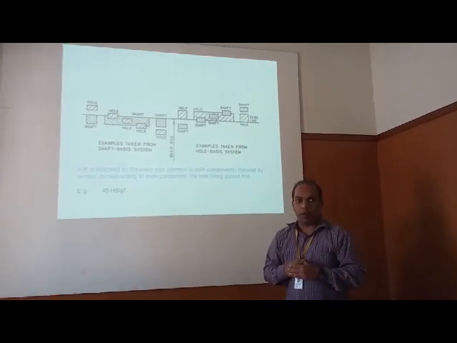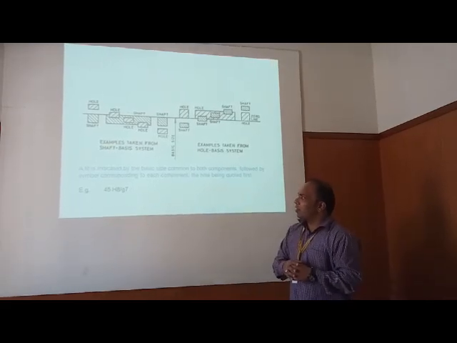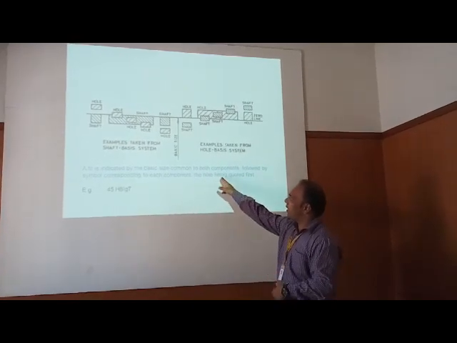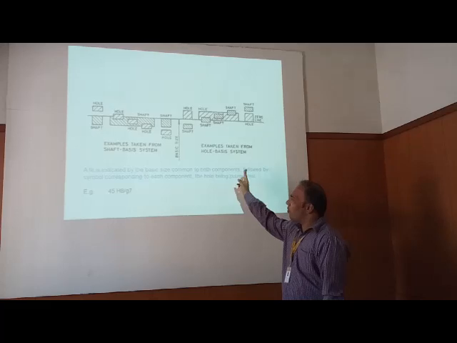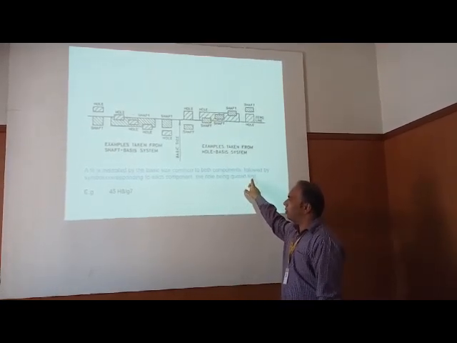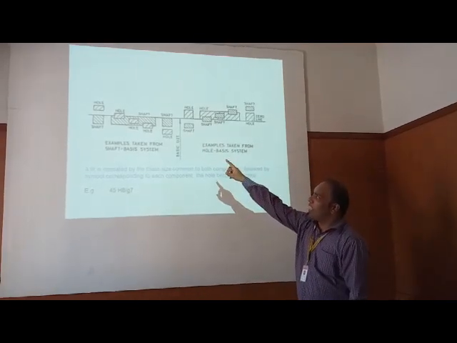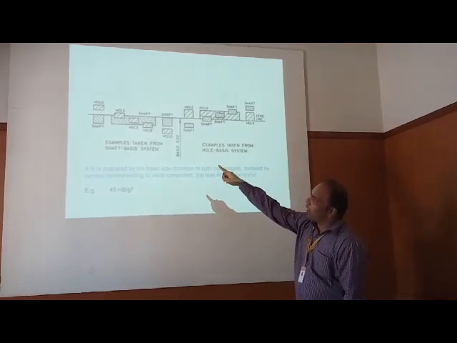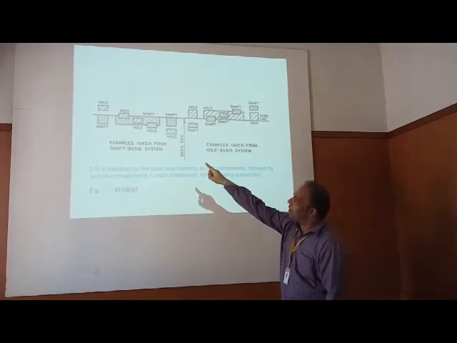Moving to the next point, in the diagram, a fit is indicated by the basic size common to both components, followed by the symbol corresponding to each component, the hole being quoted first. Now, as you can see in the diagram, the hole and shaft basis systems merge together.